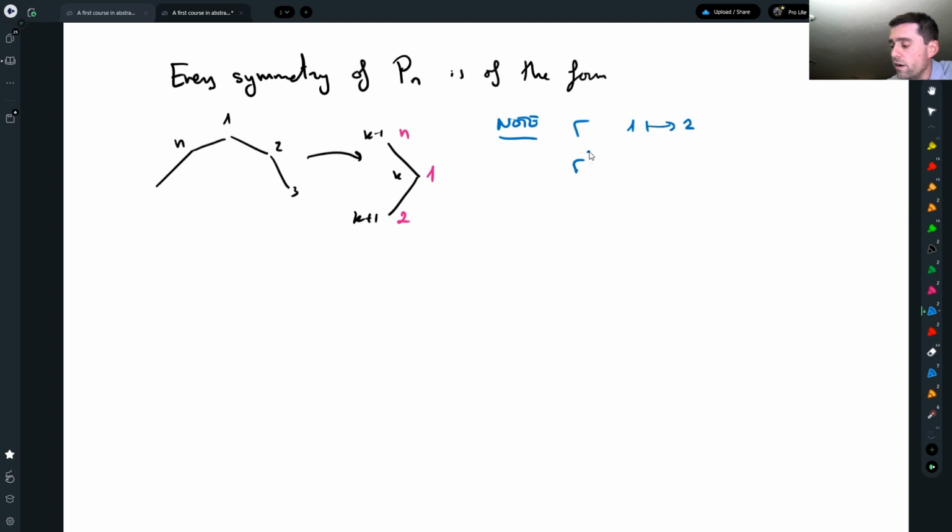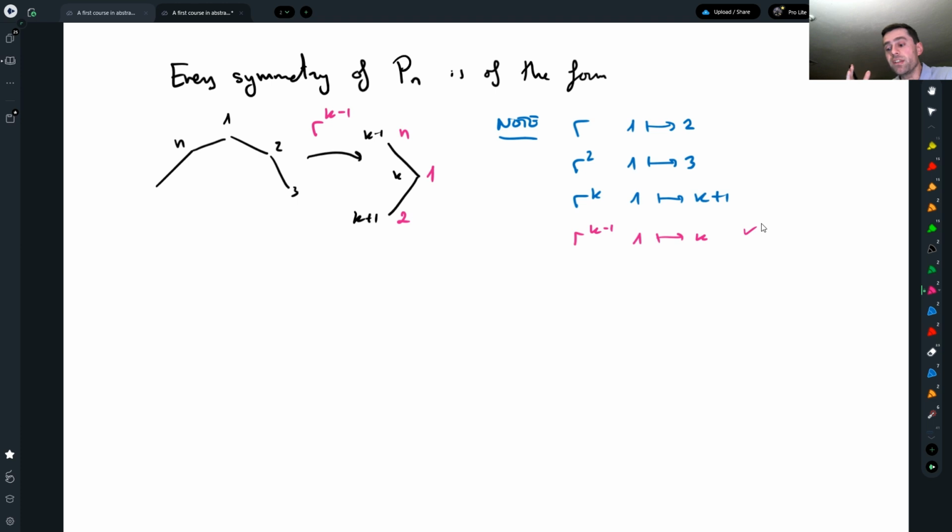So r squared sends 1 to 3, and r to the k sends 1 to k plus 1. So this one that I'm writing here is actually r to the k minus 1. It sends 1 to k, right? Because then r to the k minus 1 sends 1 to k, and that is one of them.